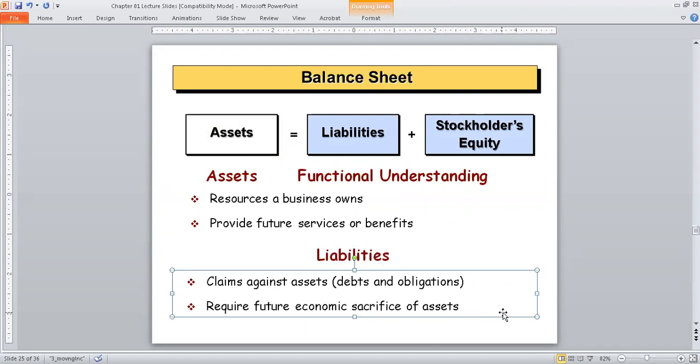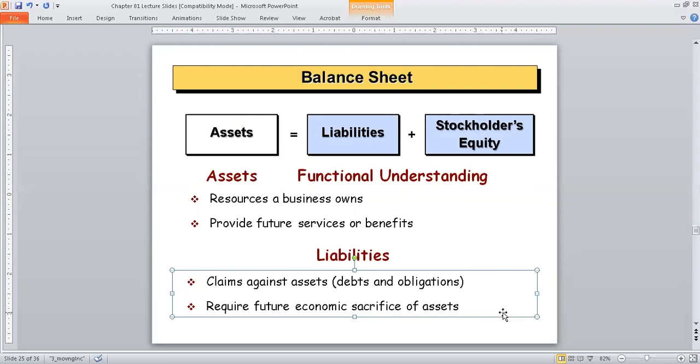So a liability is not the same as an expense, or is that only in certain cases? Liabilities are not the same as expenses. They are completely separate. You might have liabilities that originate because of expenses, but maybe not. You can have liabilities arise because of assets.